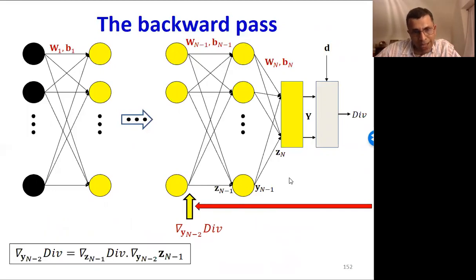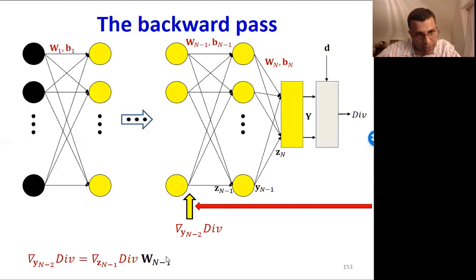And then we can go back and compute the derivatives for the output of the previous layer by using the chain rule again, which gives that the derivative of the divergence with respect to this term is the derivative of the divergence with respect to this z times the derivative of z with respect to y. And the derivative of z with respect to y is simply the weight matrix for this layer. And so we have managed to compute the derivatives out here as well.